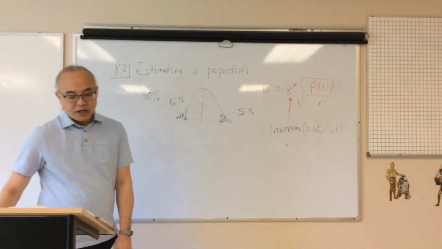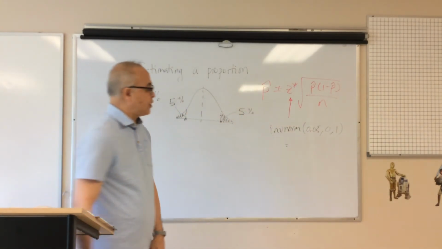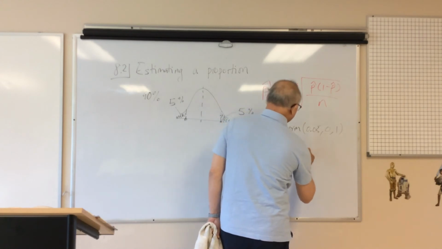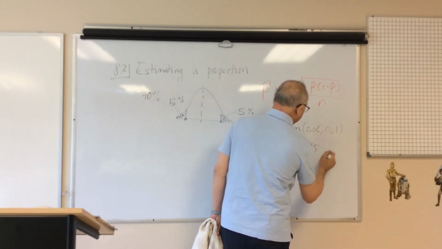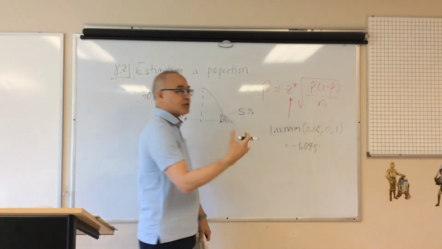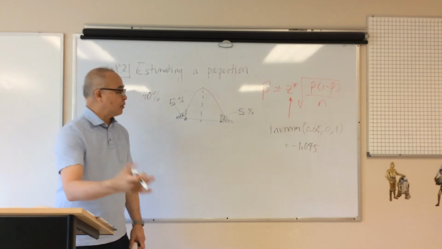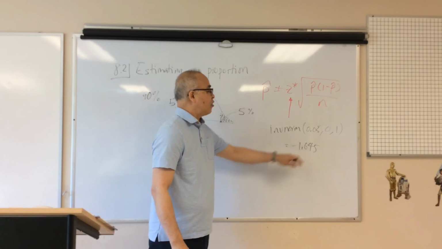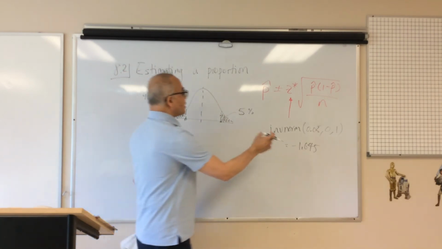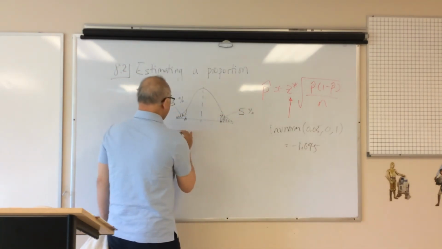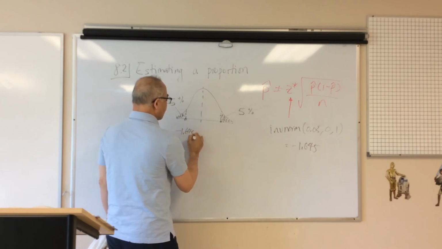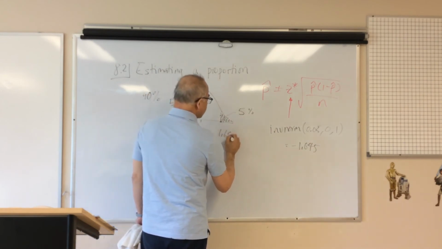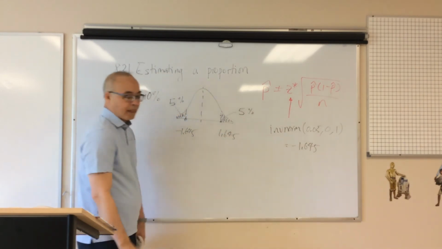Okay? And if I do that, I get negative 1.645. You can also do this with the table, right? So just realize you can do that. So the z value here is negative 1.645, positive 1.645 here.